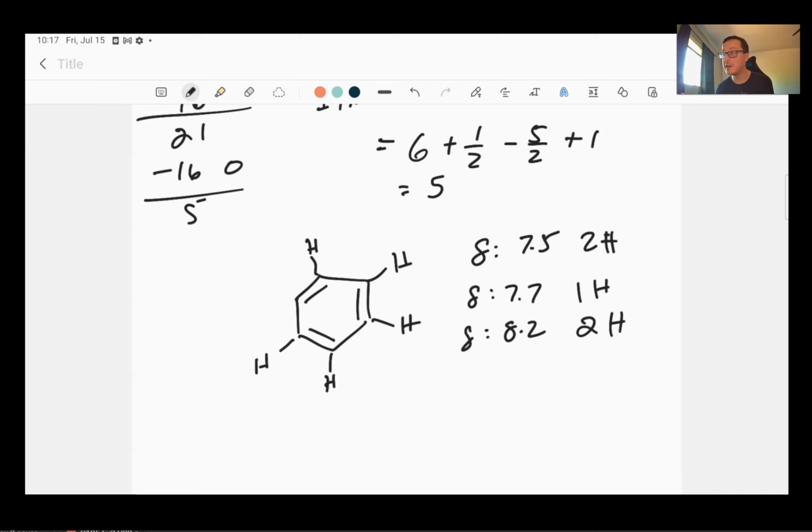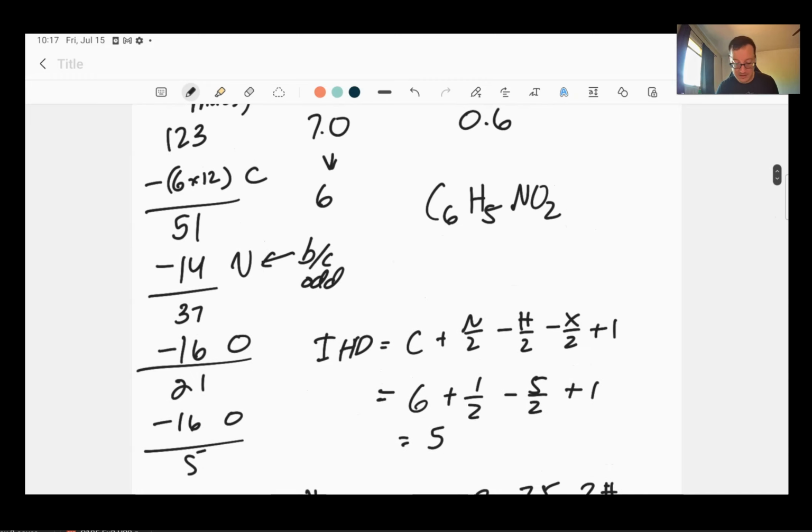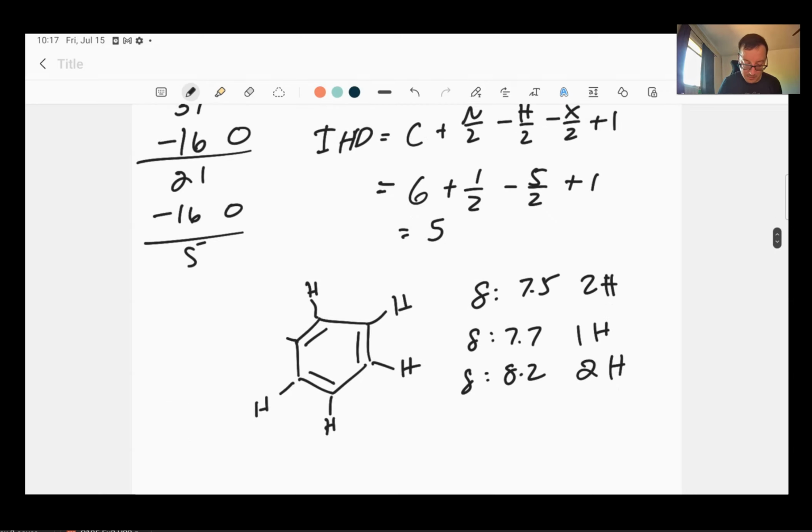If we had an amine or an alcohol, we would expect those upfield compared to these, around 3 or 4 or 5, and they'd be broader peaks in the NMR. So we don't seem to have any amines. So if we just have NO2 left over, we know that's a functional group, right? So chances are we can just throw it on the benzene.